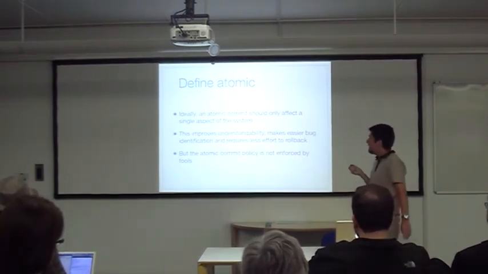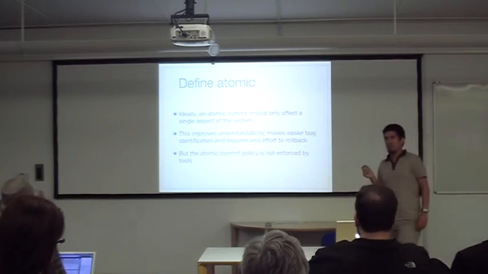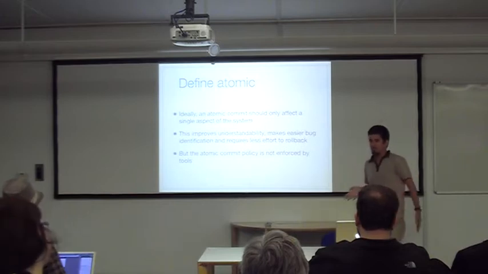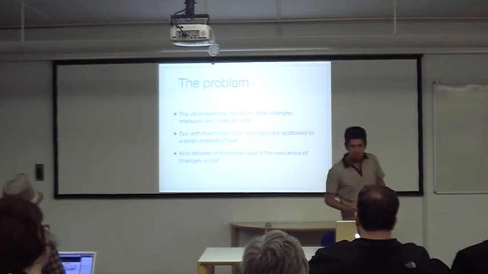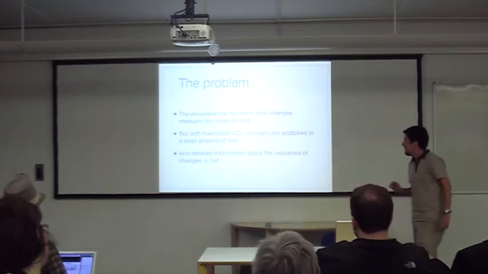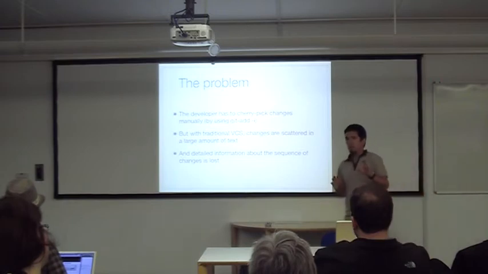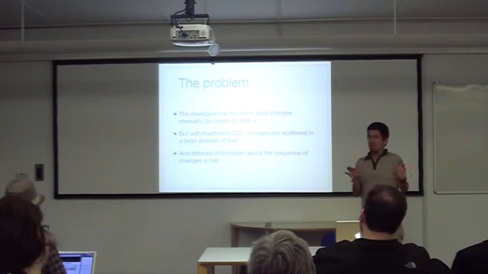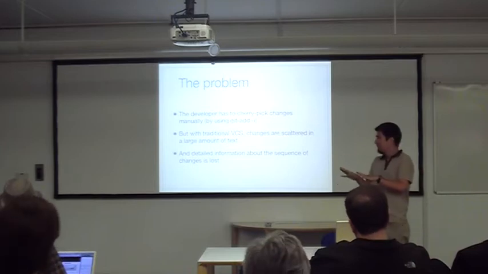But the problem with this is that atomic commits are not enforced by tools. It's something that you have to do on your own. And in this situation, you may have to manually select changes that are unrelated. I mean, the refactor on one side, the bug fix on the other side.